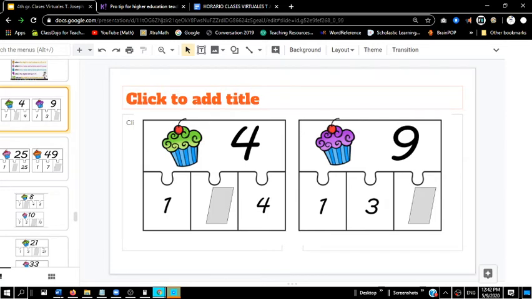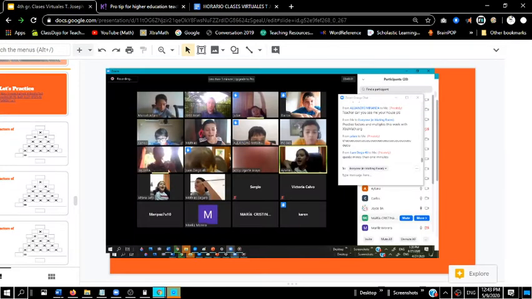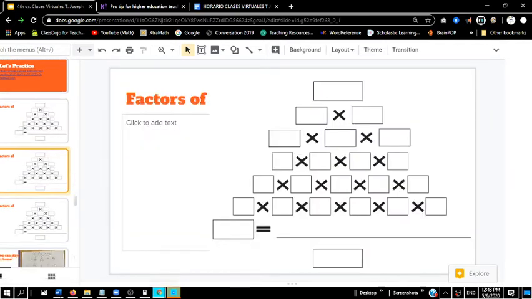Here's another activity that I actually put on Google Classroom. Okay, so if you wanted to find the factors of these numbers, you could do that if you wanted to. For example, what factor is missing of 4? Well, it is 2. All right. And what factor is missing here? 1, 3, and 9. Oops, let me go back there. Sorry about that.